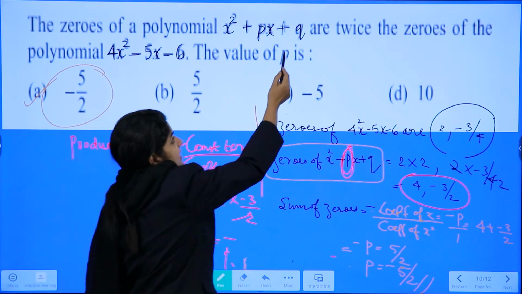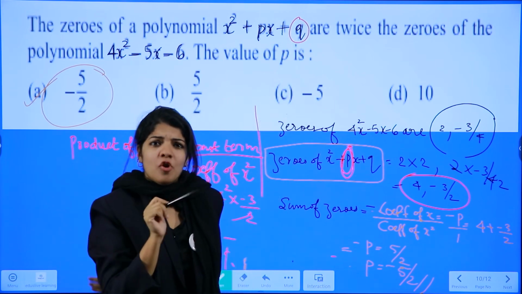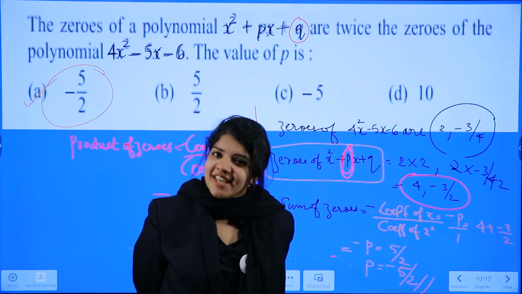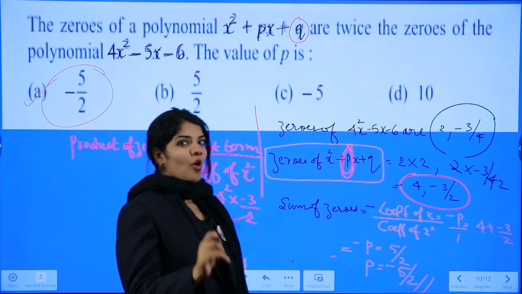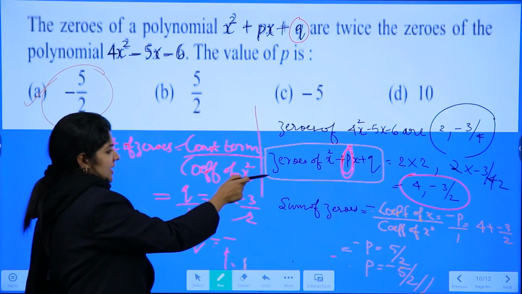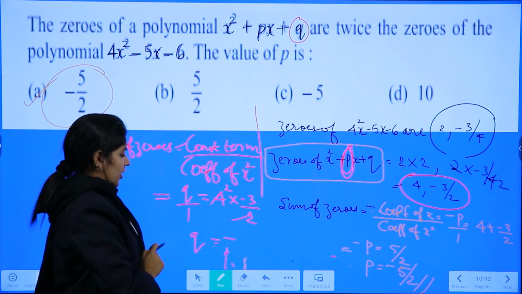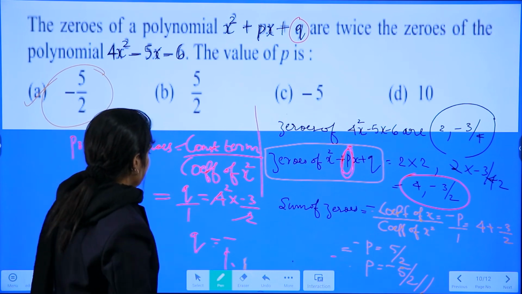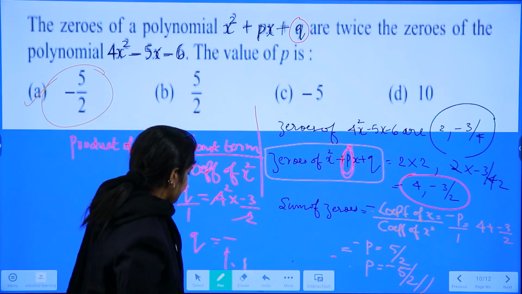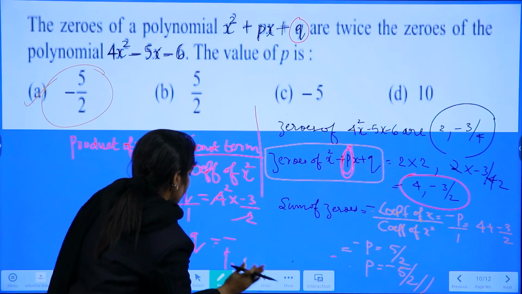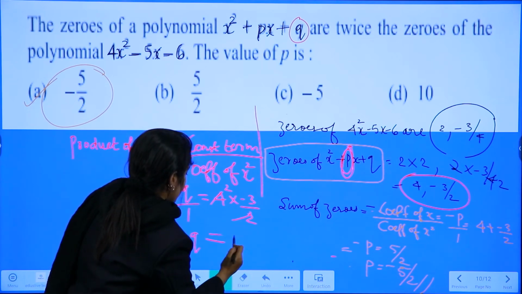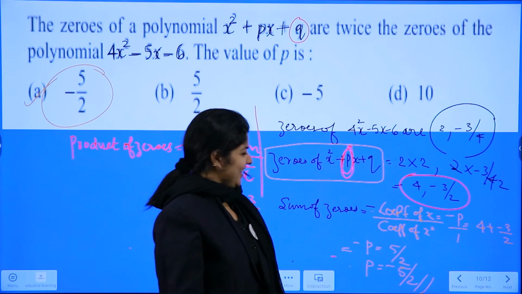Here q is the constant term. Is there any formula connecting the constant term? Yes, it's the product of zeros, which is constant term by coefficient of x squared. So q is equal to 4 into minus 3 by 2, that is equal to minus 6. I hope it's clear.